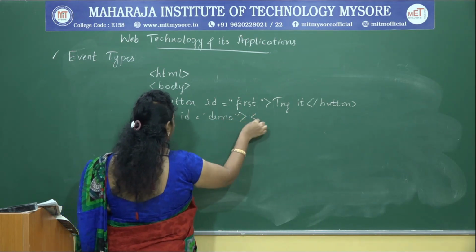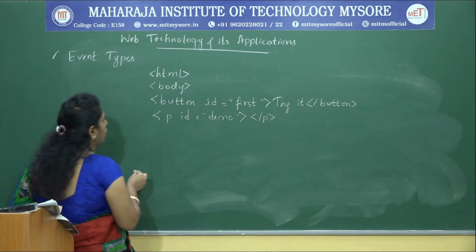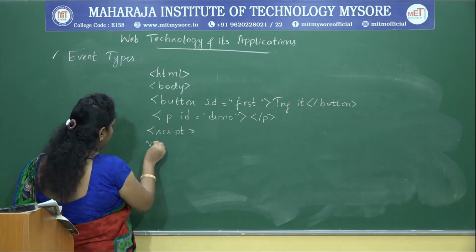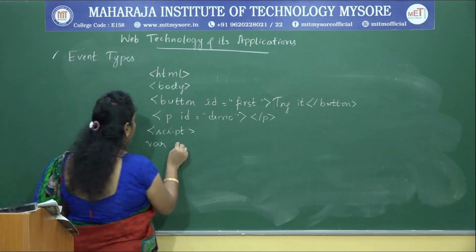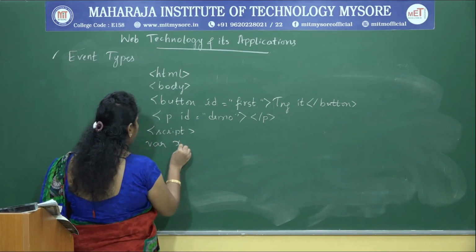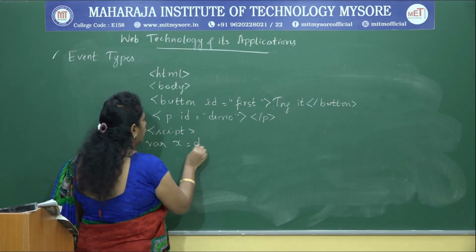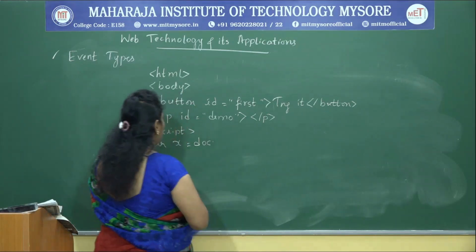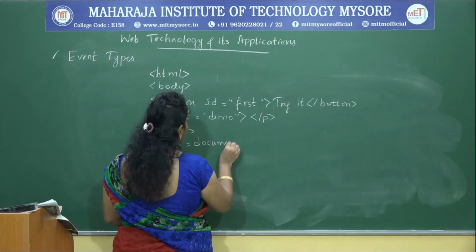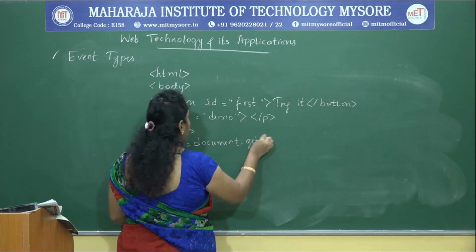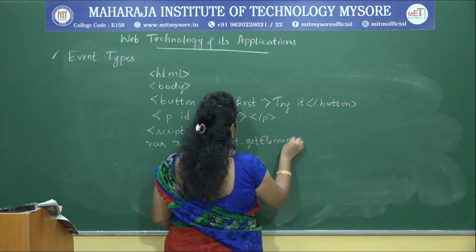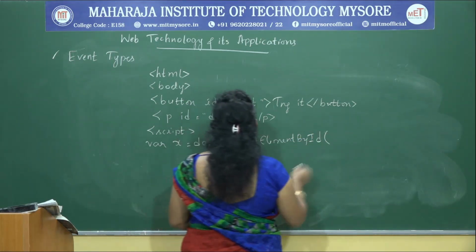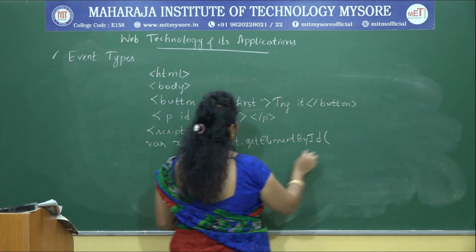It has no content. Finally close this P. Next, open the script. Let us take one variable, X equals, call the method getElementById. How do you call it? document.getElementById, and pass the ID as first.